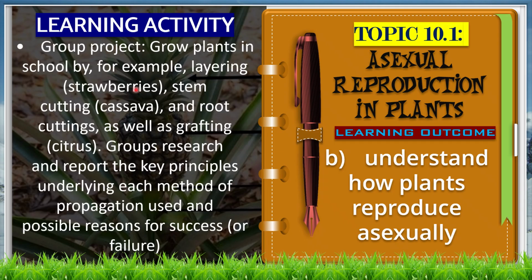Example, strawberries. Stem cutting. Examples, cassava. And root cuttings, as well as grafting. Example, citrus. The groups search and report the key principles underlying each method of propagation used and possible reasons for success or failure.